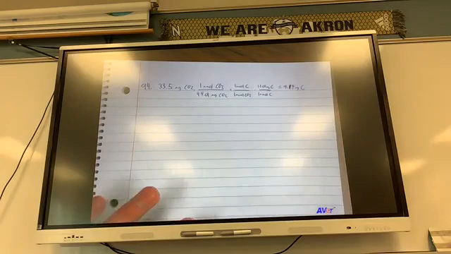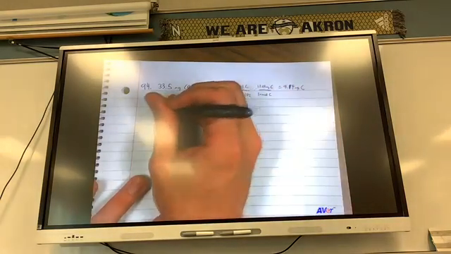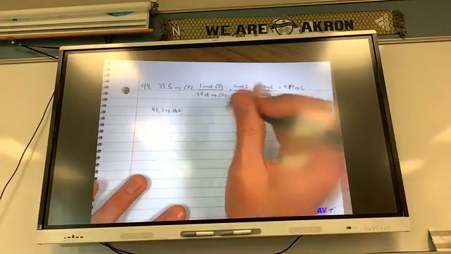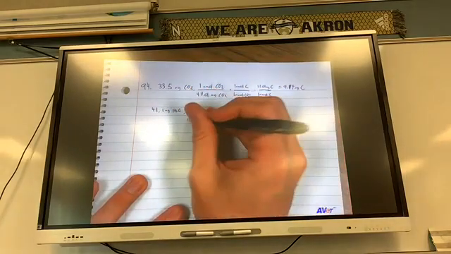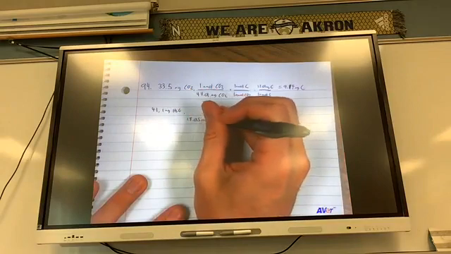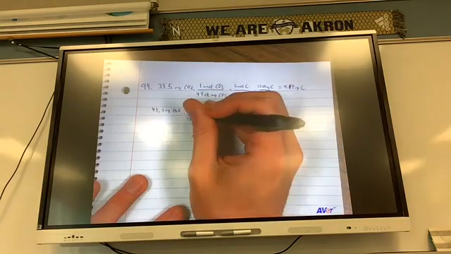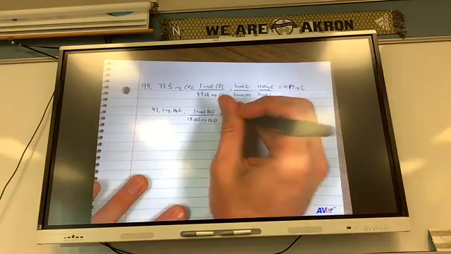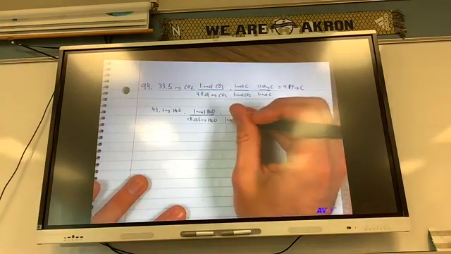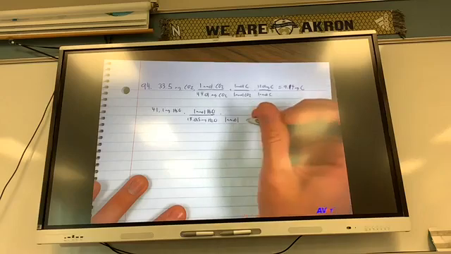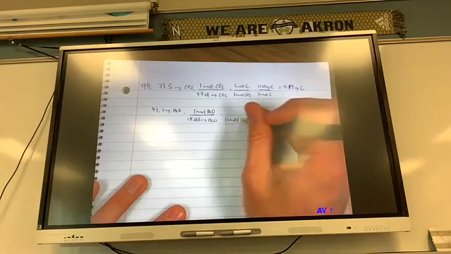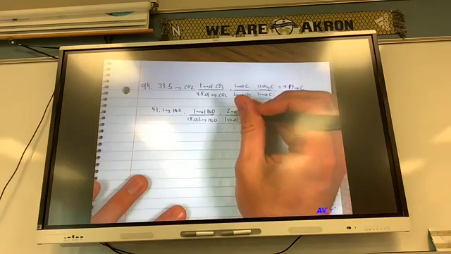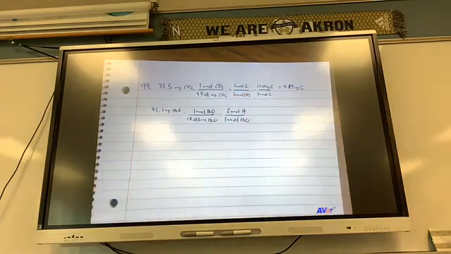I know you guys hate the milligrams. That's okay. Then I'm going to take my 41.1 milligrams of H2O, and you're eventually going to have this one memorized. There's 18.015 milligrams of H2O in 1 millimole of H2O. If you guys want to convert to regular grams, you can. 1 millimole of H2O has 2 millimoles of hydrogen.